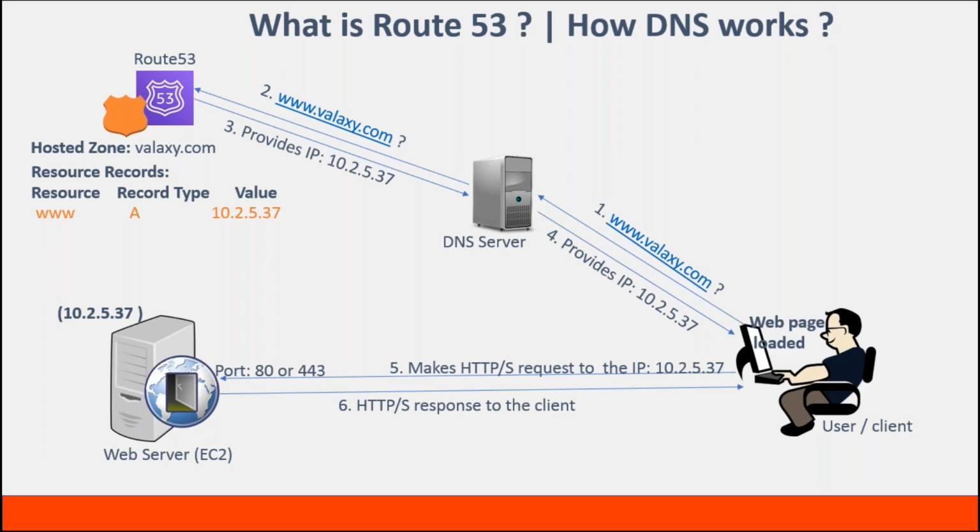Once it knows what IP it has to hit, only then the request will be sent to the web server. So the client need not worry about the IP, correct? Because the client only bothers about the name of the domain or website. The name is converted into the IP in the backend with the help of the DNS concept. And here AWS Route 53 is the service that provides these DNS services for you.